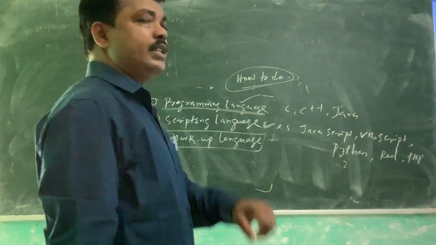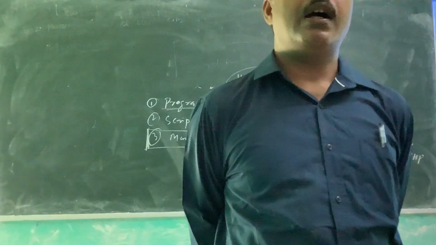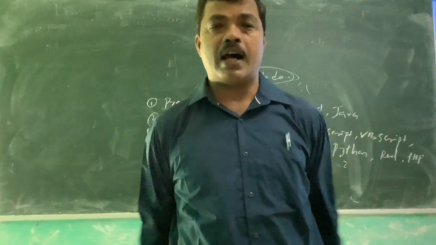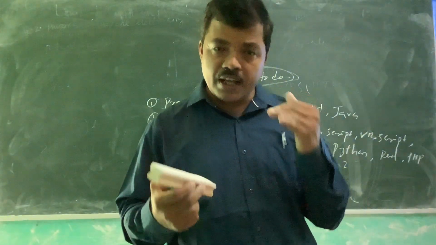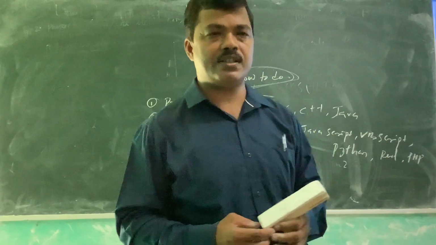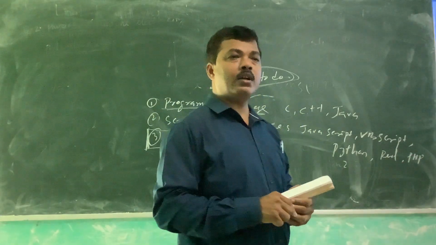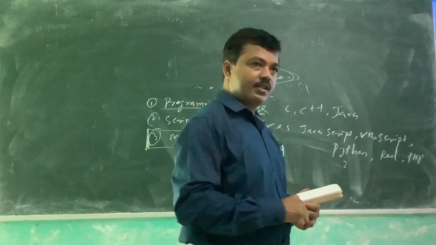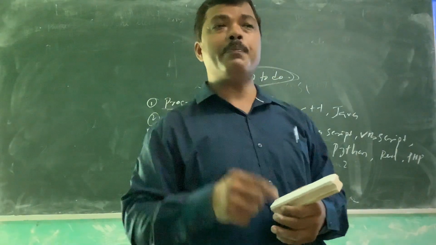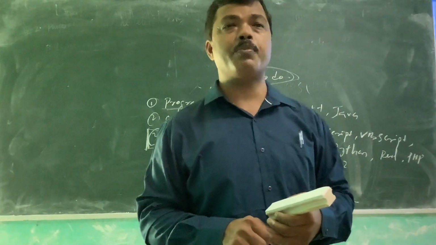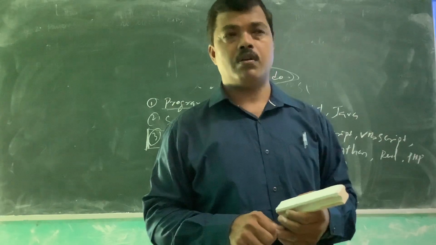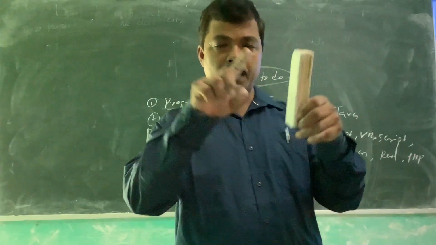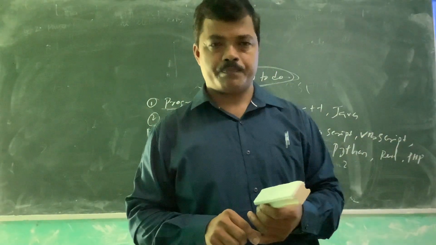But the third one is markup language, and markup means highlighting words, underlining words, or giving colors to different words. That means how to represent things in front of an audience or by forming web pages.